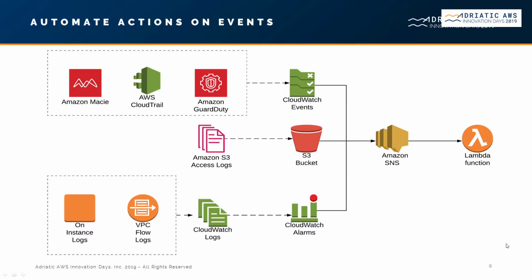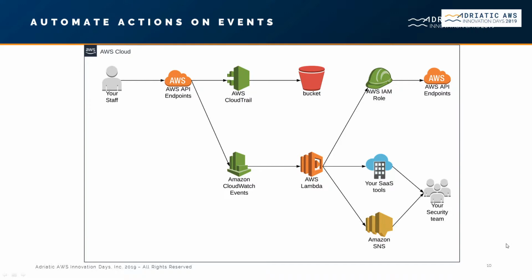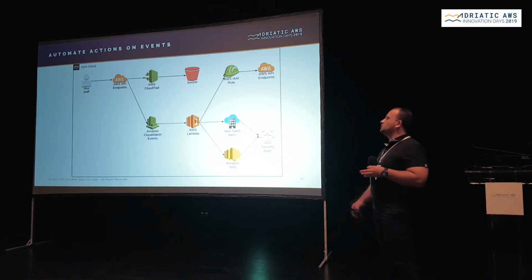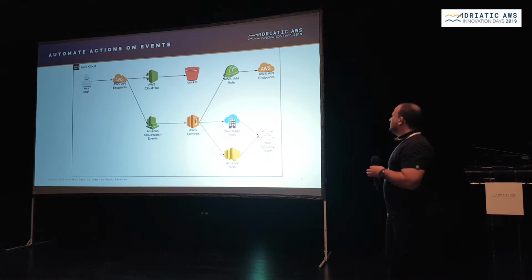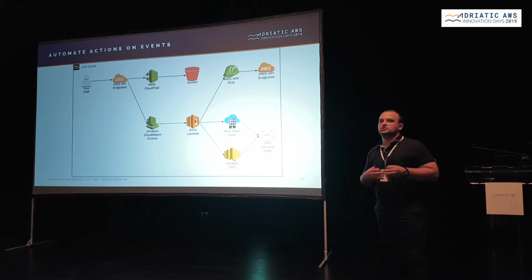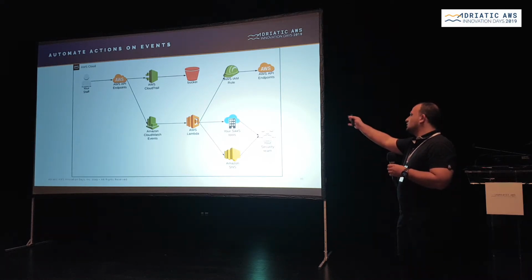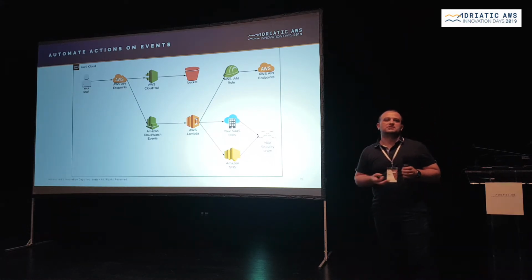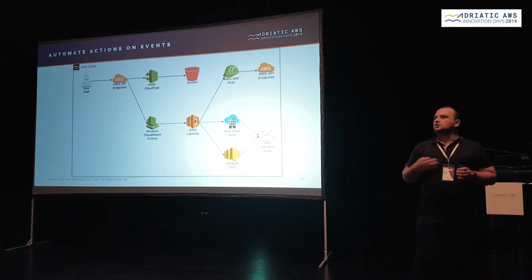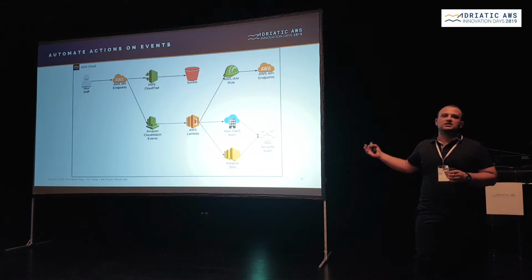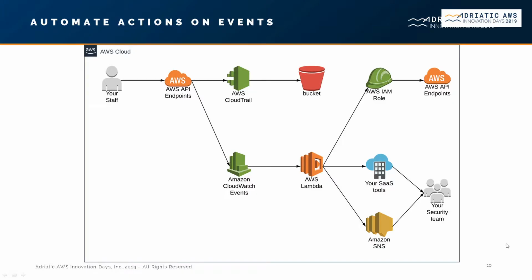Okay, on the following diagram, we see one user of AWS. That user can use the AWS console or AWS API to talk with AWS services, and then based on how your user is using AWS, you can send his logs from AWS CloudTrail to an S3 bucket, and then use, for example, Amazon Athena to query those logs inside the Amazon S3 bucket, and find different kinds of inappropriate actions inside the AWS account.